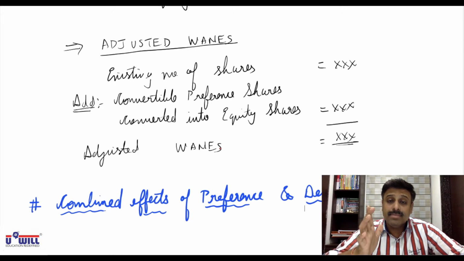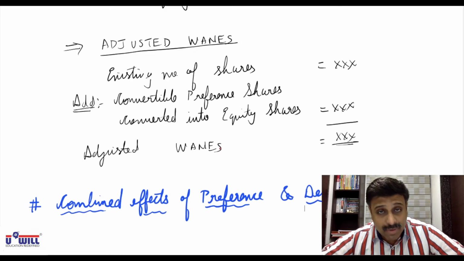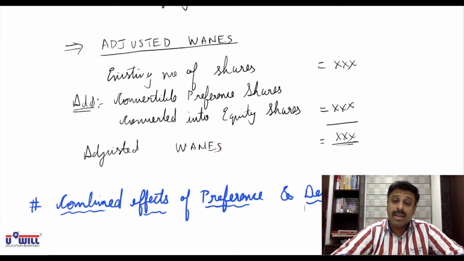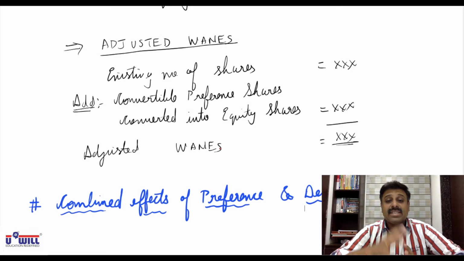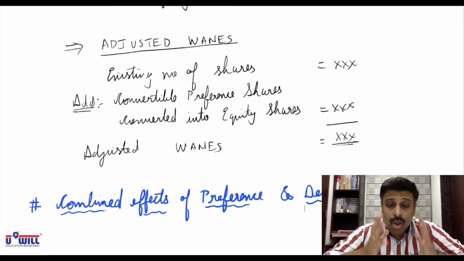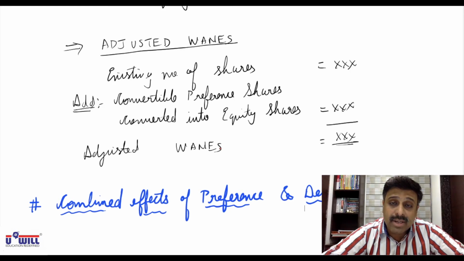There are chances that preference gets converted first, then debentures get converted into equity shares. Or debentures get converted first, then preference shares get converted. Or both of them may get converted into equity shares at the same time.